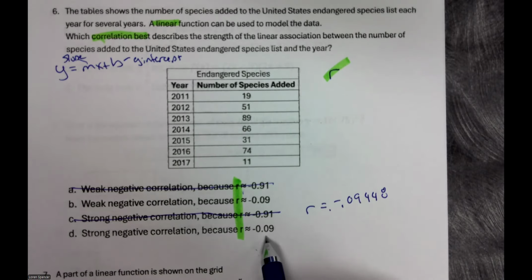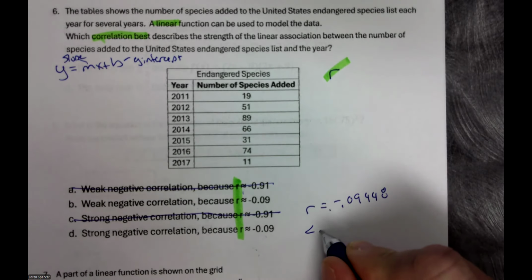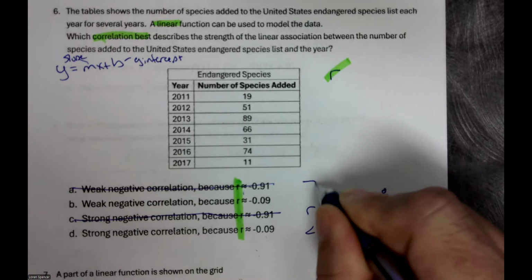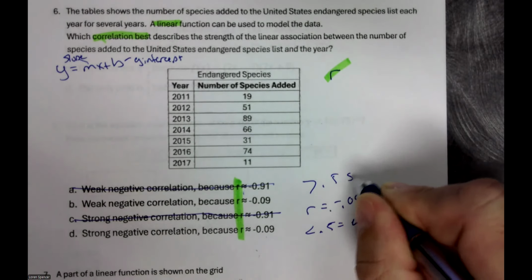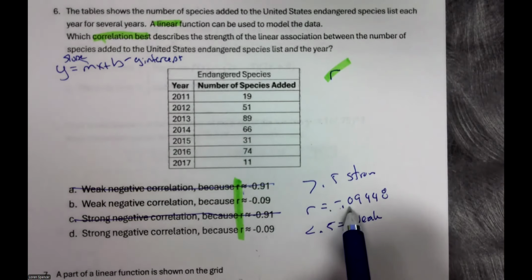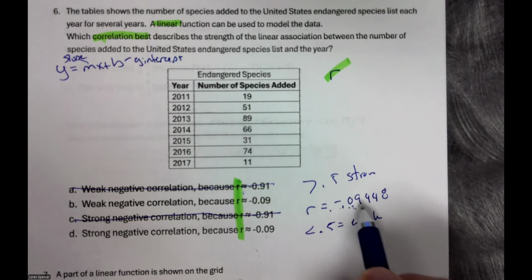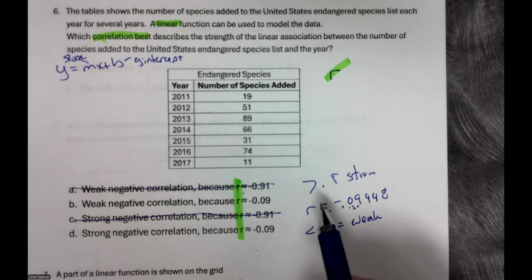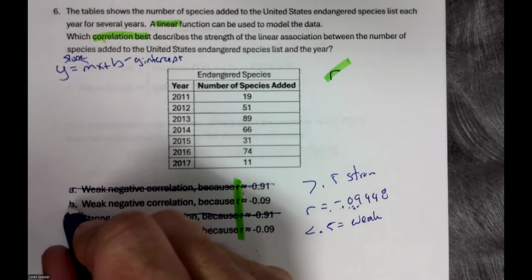Anything less than 0.5 equals weak. Greater than 0.5, we'll say is strong. So this is weak because it's small, that's getting close to 0. If you're close to 0, it's weak. Close to positive or negative 1, strong. Close to 0, weak. So this is a weak.